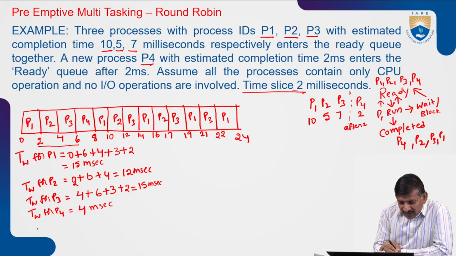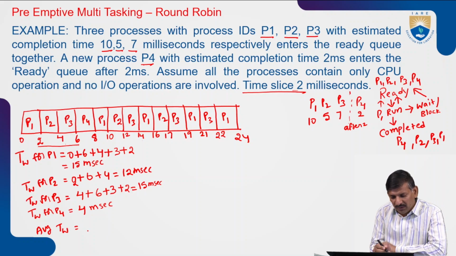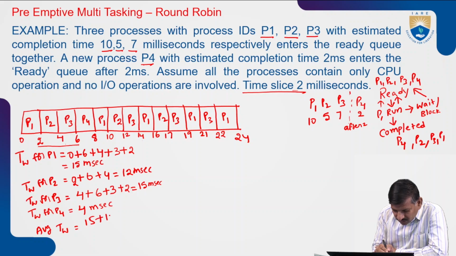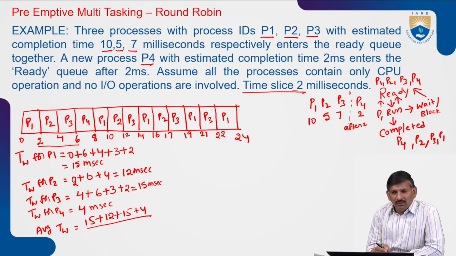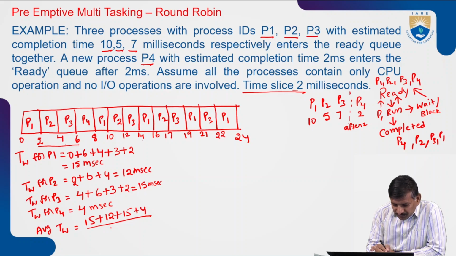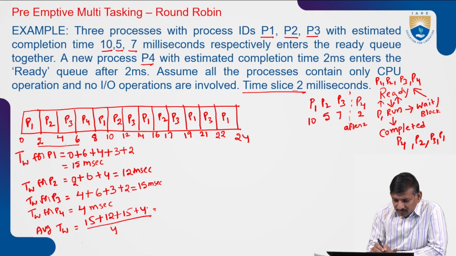So the average waiting time for this requirement is, summing all these times, divided by the individual waiting times, 11.5 milliseconds.